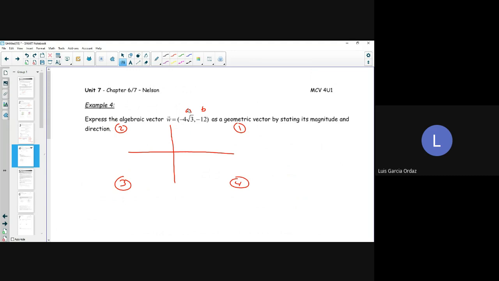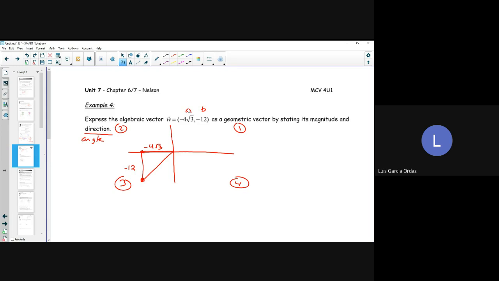Which quadrant, guys, is it going to land in? Quadrant 3. So this guy's going to be negative 4 root 3. And this guy down here is going to be negative 12. By direction, I'm talking about the angle at which it is going to land, so the principal angle. So how am I going to find the magnitude of vector W given A and B? What am I going to be using?